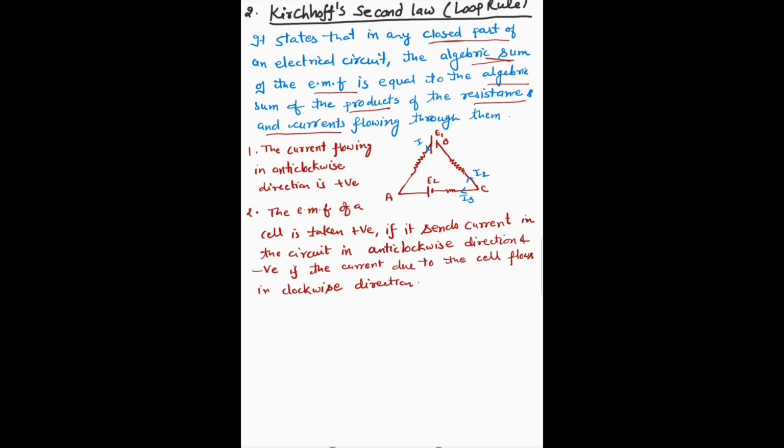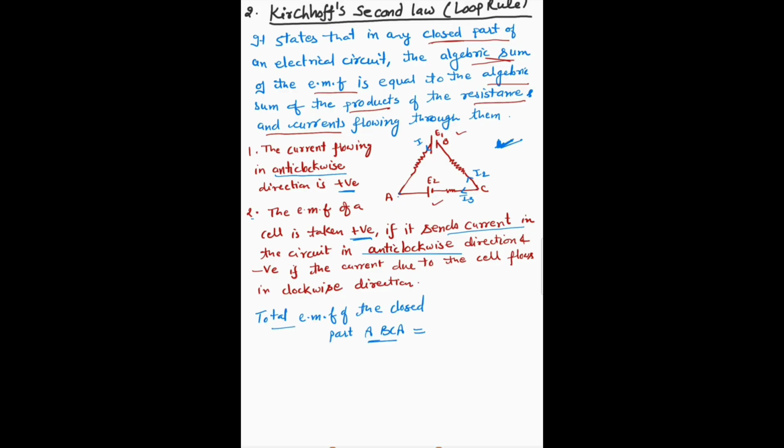To apply this loop law, we have to keep in mind a few things. First, the current flowing in anti-clockwise direction is taken as positive, and in clockwise direction it is taken as negative. Second, the EMF of the cell is taken as positive if it sends current in the circuit in anti-clockwise direction, otherwise it is taken as negative.